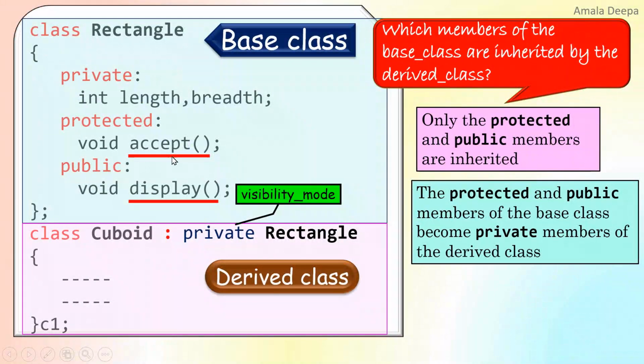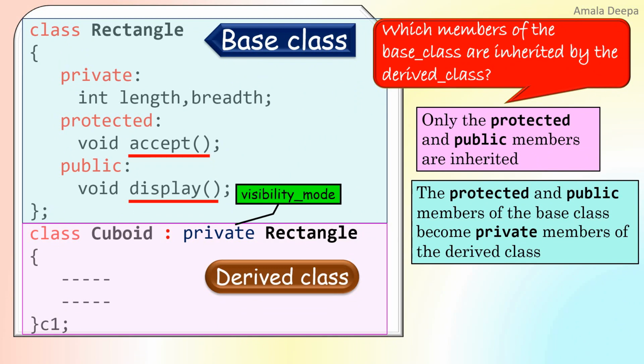That is, even though the accept member function is under protected in the base class, when it is inherited, it becomes private because of the private visibility mode. Similarly, the display member function, which is public in the base class, is inherited as private in the derived class. So, the protected and public members of the base class become private members of the derived class.